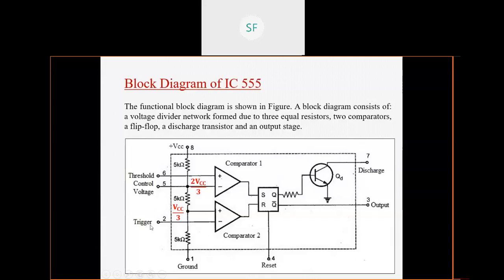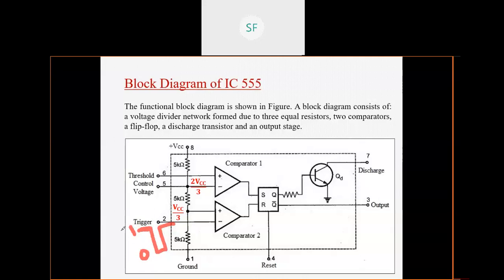Now what is the role of trigger here? If you give a negative pulse to this trigger, suppose this is logic 1 and this is 0. Since this IC is a digital IC, the input and output will be either 1 or 0. So I give this negative pulse to the trigger.